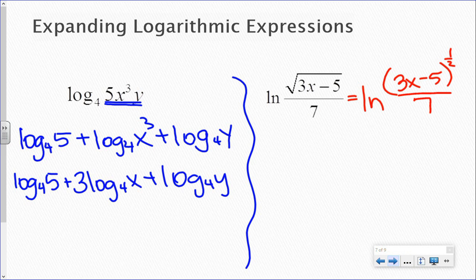Okay? If you have any sort of radical, change it to a power and then expand it. So since we have division inside of our logarithm, we can write this as the natural log of 3x minus 5 to the 1/2 minus the natural log of 7. Is this expanded? Nope. We need to move this power out in front.